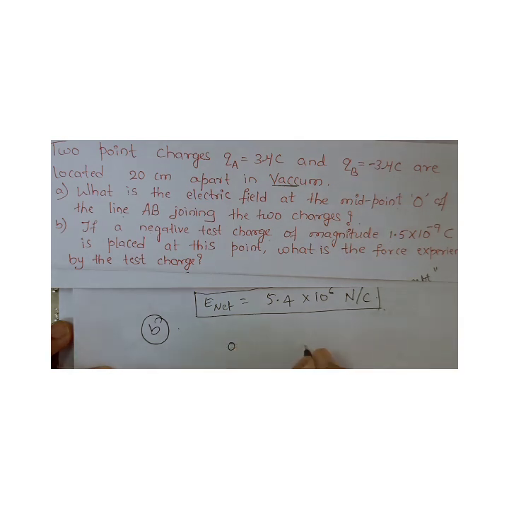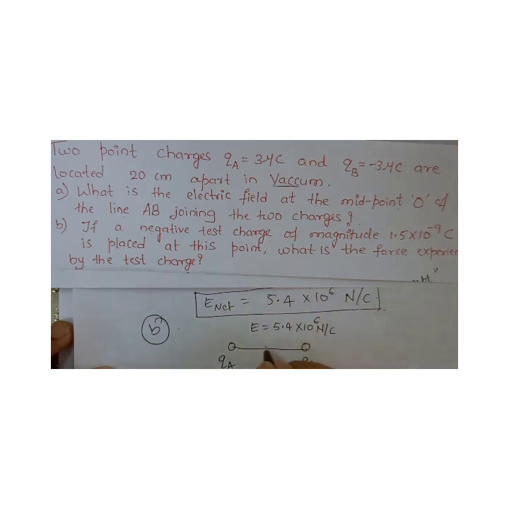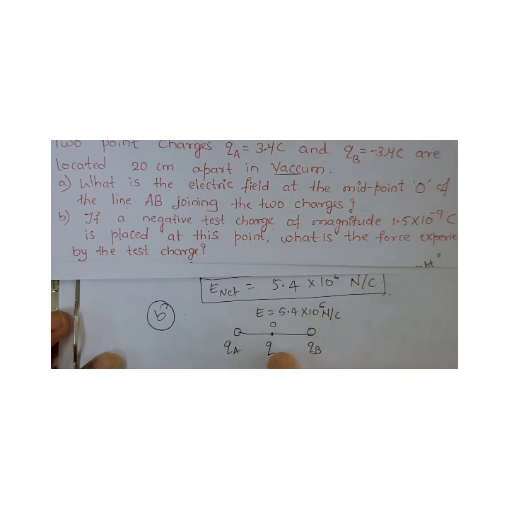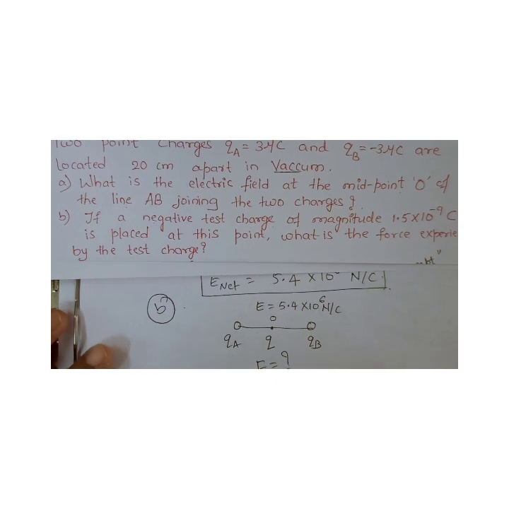That means here two charges are there, QA and QB. They are producing how much electric field? 5.4 into 10 raised to 6 Newton per coulomb. That much electric field is produced around here. So at the midpoint O, you are going to place the test charge Q. Now they are asking what is the force experienced by this test charge.